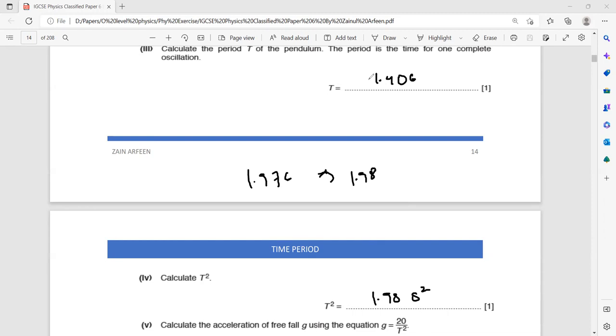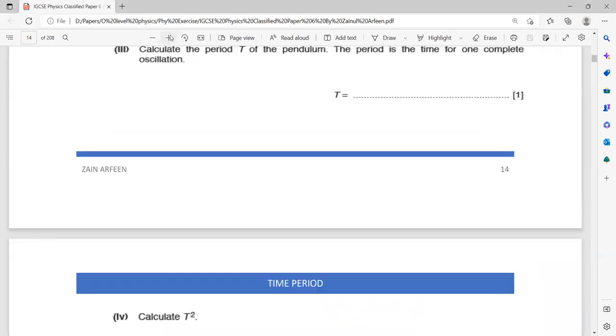The unit will be seconds squared, because this is T squared. Your answer should be three significant figures. Even when I wrote 1.406, I should write 1.41.